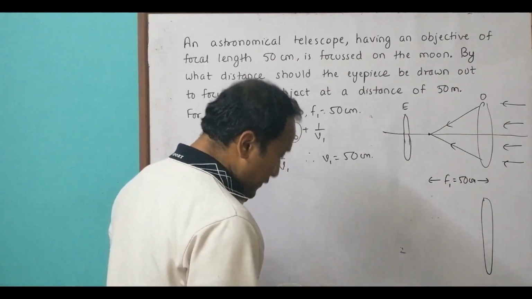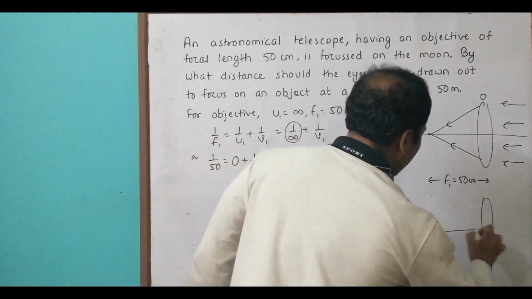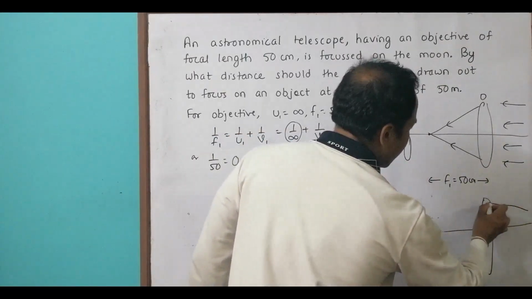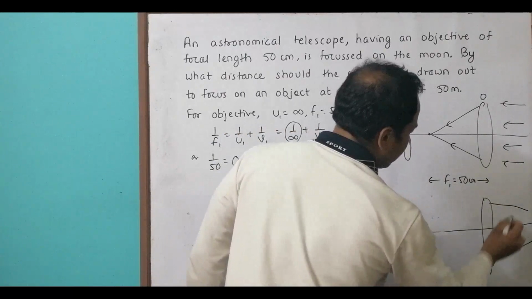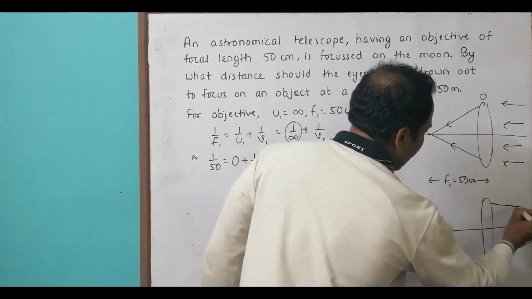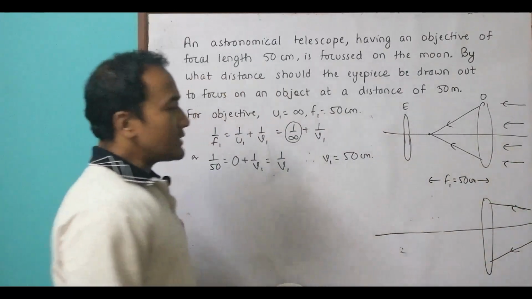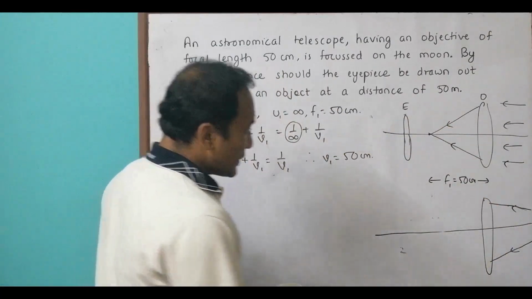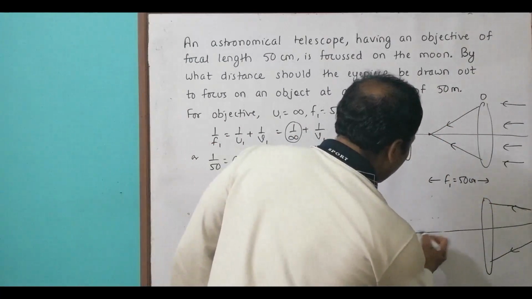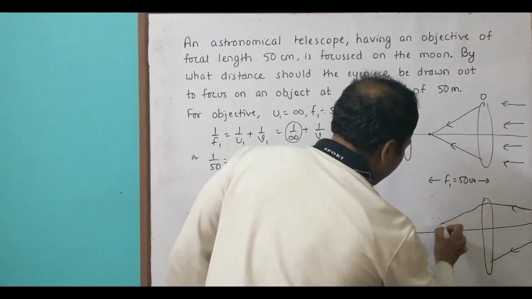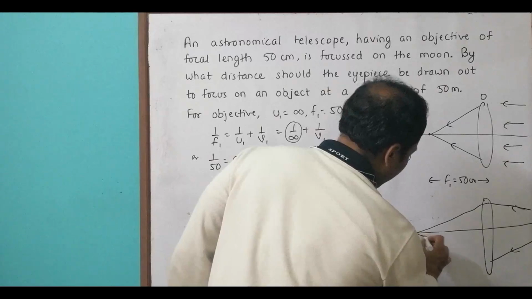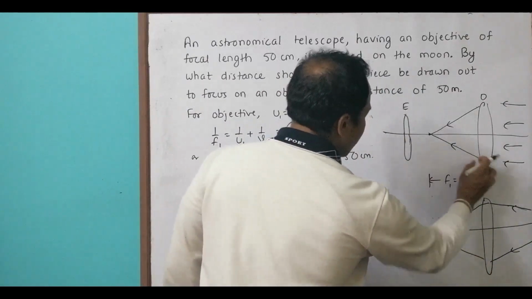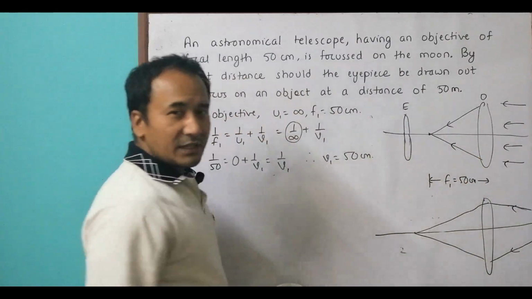That means the light rays will not come parallel; they will still be diverging when they reach this lens. So they will be focused at a bit larger distance. Initially it was focused at this distance, but now the distance has slightly increased.